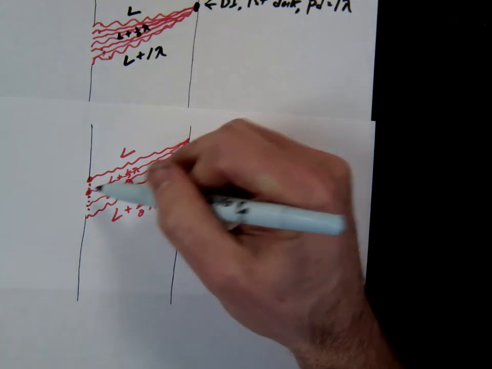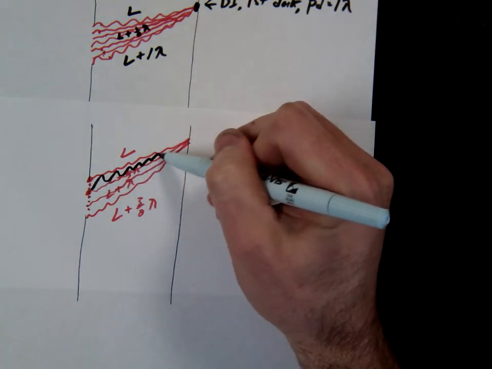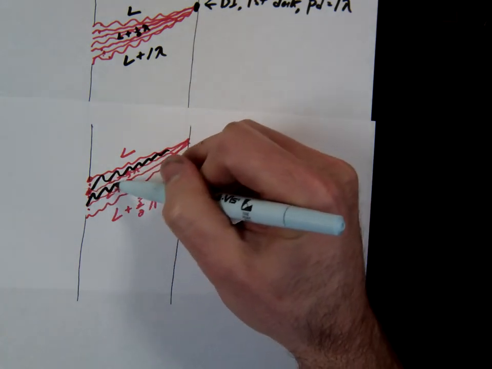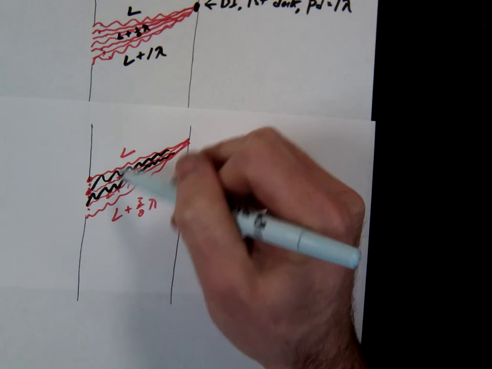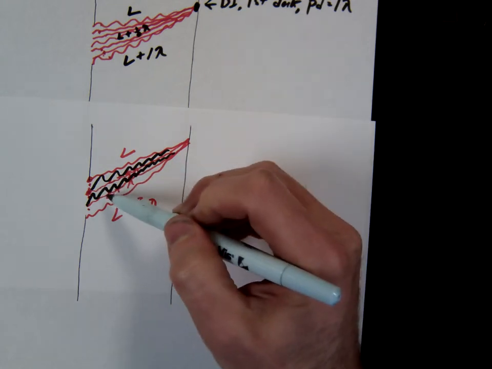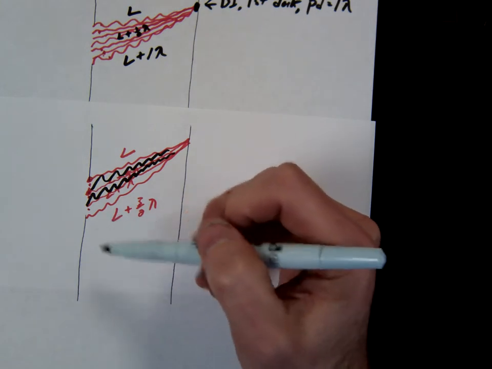So in other words, think of it this way: the top third is going to cancel out with the second third. So the top third of the beam has a corresponding half wavelength path difference that cancels out with the middle third. Well, what about the last third?